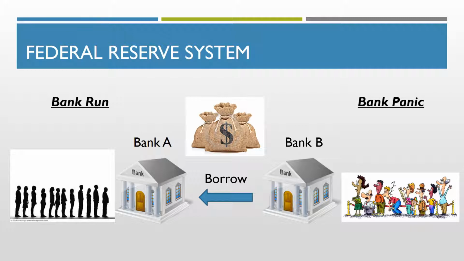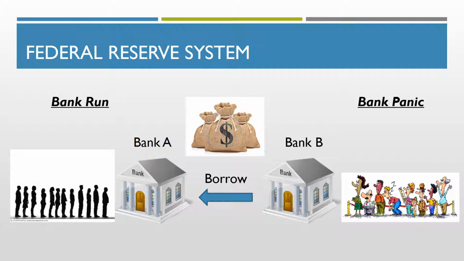In this case, when the majority of the banks in the market are experiencing bank runs at the same time, we call this situation a bank panic. A bank panic is when all the banks are experiencing bank runs at the same time.